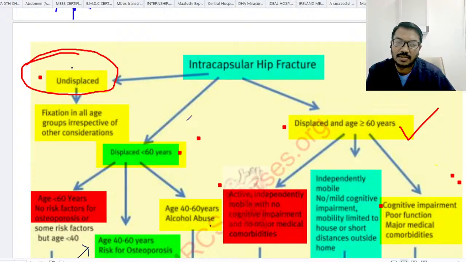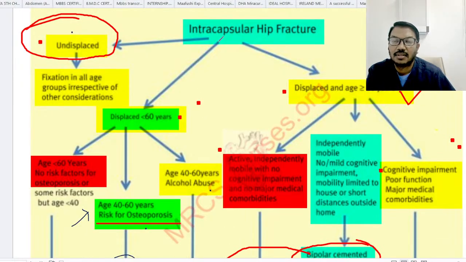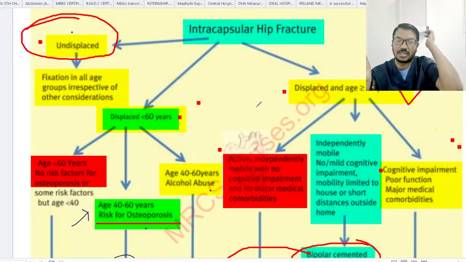Mostly it improves by casting or immobilization. But if it is a displaced fracture, then we have to consider two things.